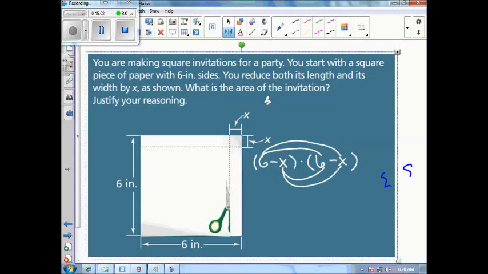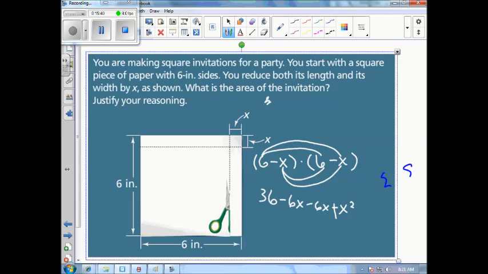So you get 36 minus 6x minus 6x plus x squared. Okay, let's pause. Any questions? This is the double distribution that we did last time. Okay, keep going. So then you add like terms.